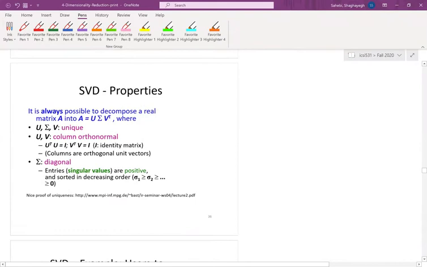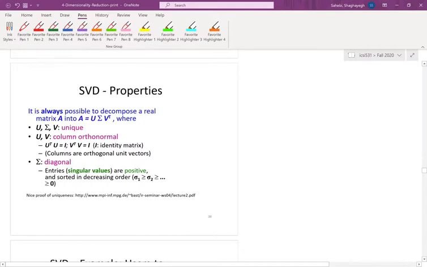So what are SVD properties? Why do we care about SVD so much? It's because it has very nice characteristics that are useful for us. First property is that we can always decompose any real matrix into 3 matrices, U sigma V transpose.